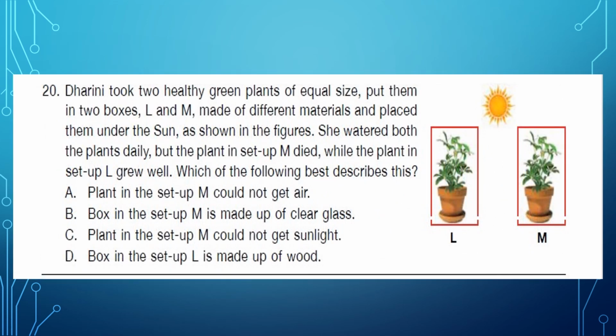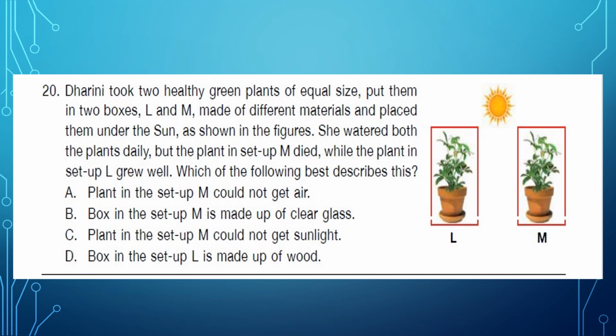Question number 20. Dharini took two healthy green plants of equal size, put them in two boxes L and M, made of different materials and placed them under the sun, as shown in the figures. She watered both the plants daily, but the plant in setup M died, while the plant in setup L grew well.